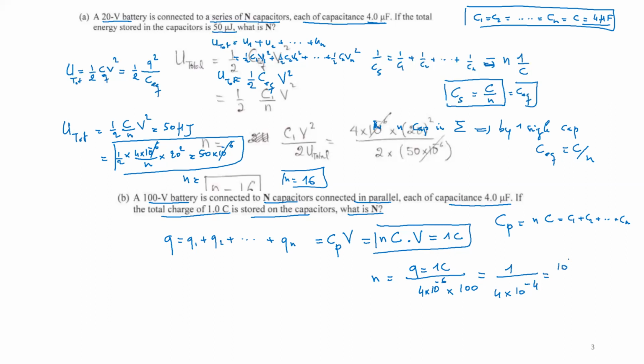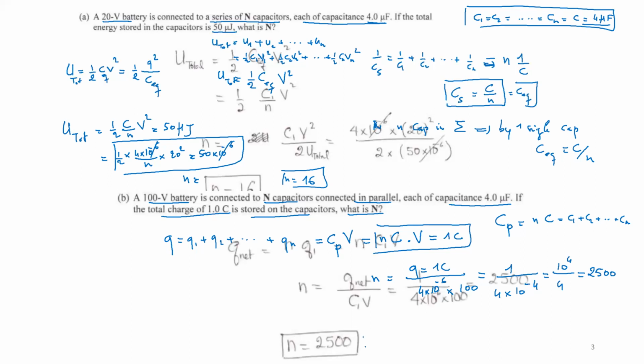So this gives you 10,000 divided by 4, which gives you 2,500. So N is equal to 2,500 capacitors. So I have a large number here. 2,500 capacitors. Good. Let's go to the next question.